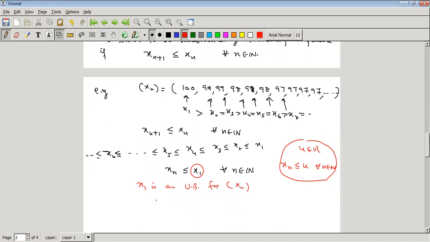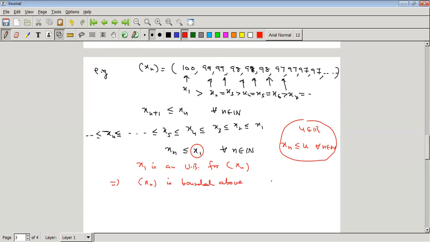If we get an upper bound, it implies that the sequence xn is bounded above. So a monotonically decreasing sequence is always bounded above. This is again another relation we find: when the sequence is monotonically decreasing, then it is bounded above.